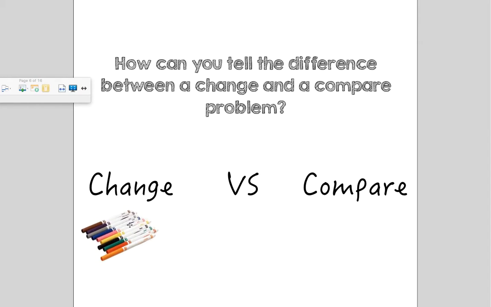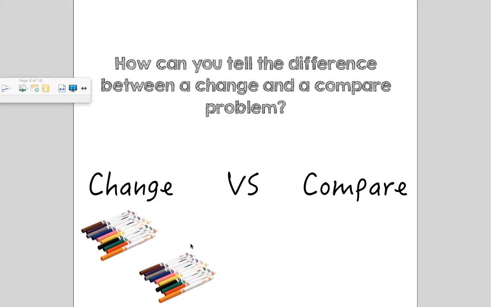Okay, so Miss Hatch had 10 markers. My mom brought me some more. Now, Miss Hatch has 20 markers. How many did Miss Hatch get from her mom?